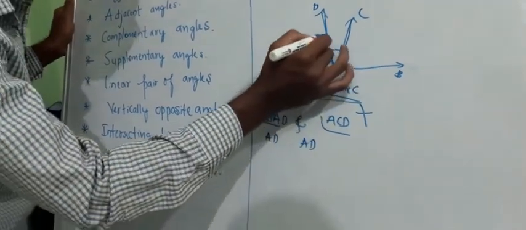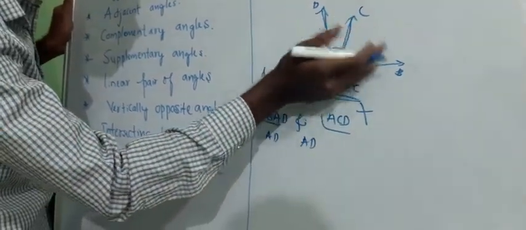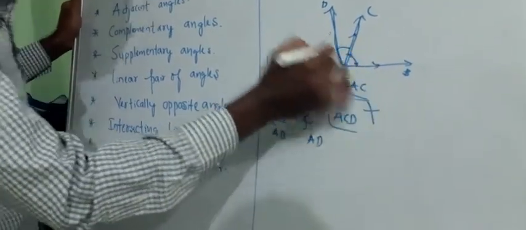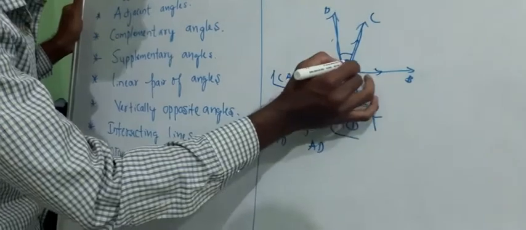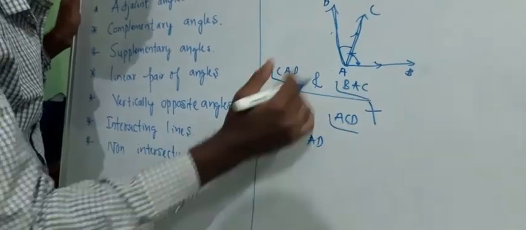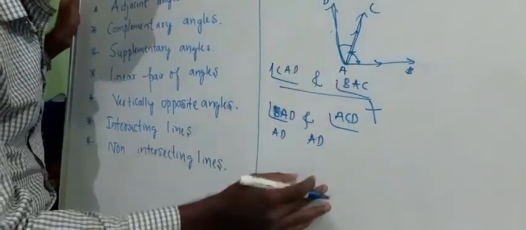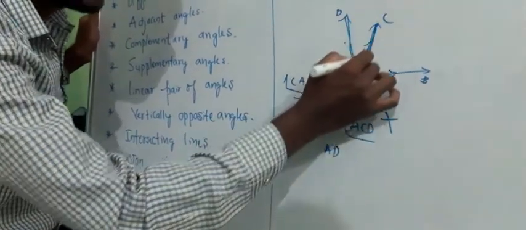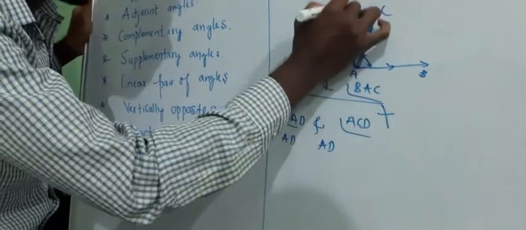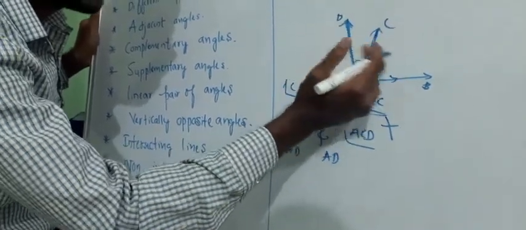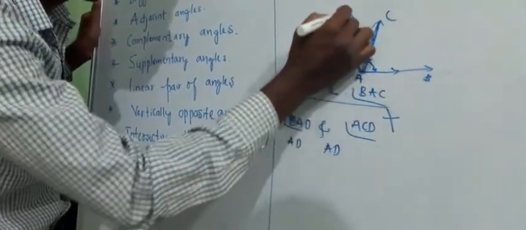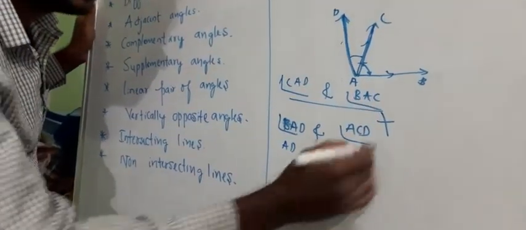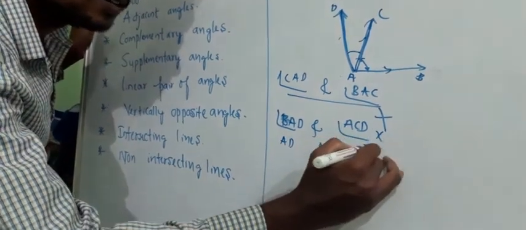But in this case, both the non-common arms, that is AC and AB, are lying on the right side of this one. Our condition to call it an adjacent angle is that the non-common arms should lie on either side of the common arm. Then only we call it an adjacent angle. So because of that, this is not an adjacent angle.